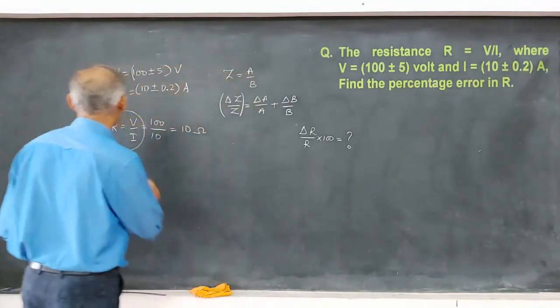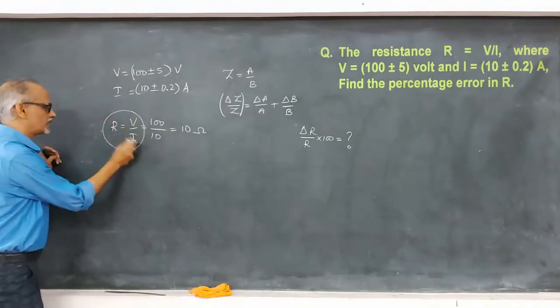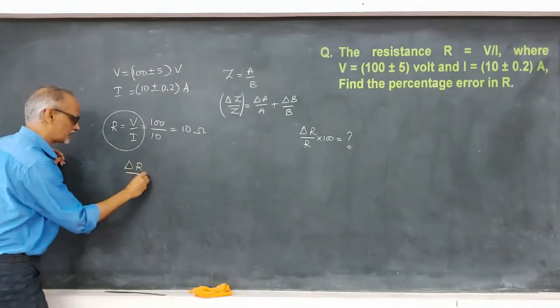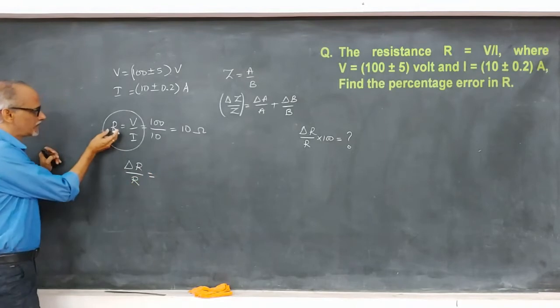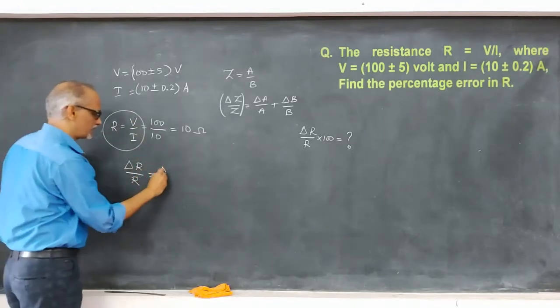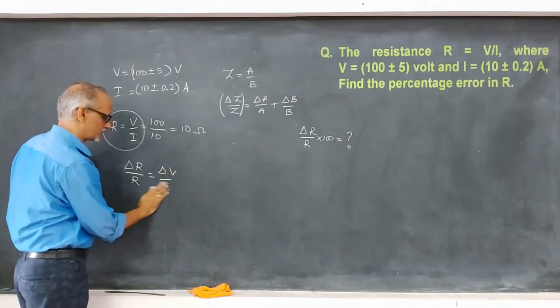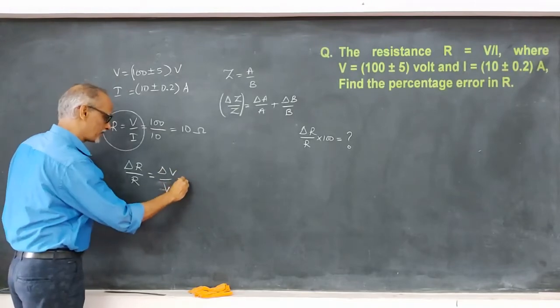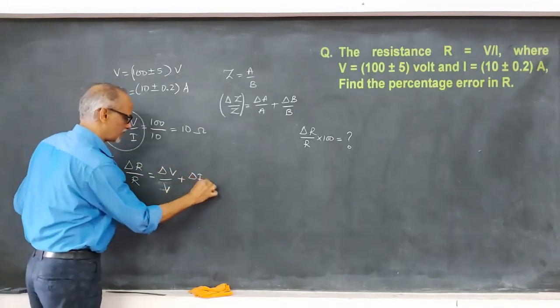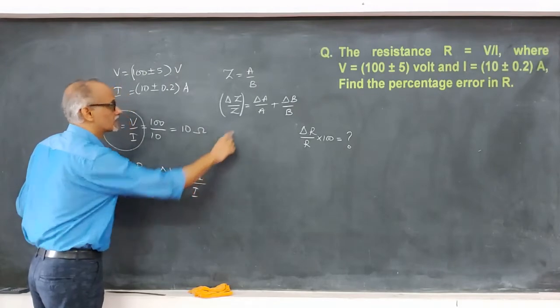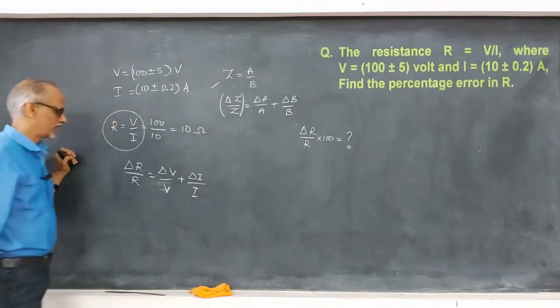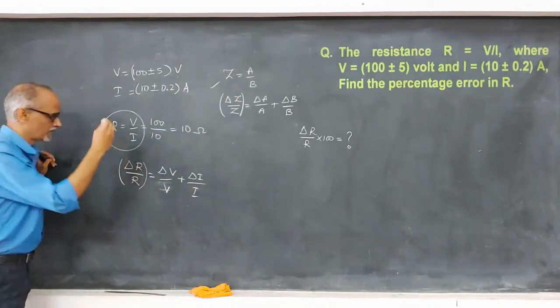So that's why I will use that formula. R is equal to V by I, so delta R by R is equal to delta V by V plus delta I by I. I have used this particular rule in finding delta R by R.